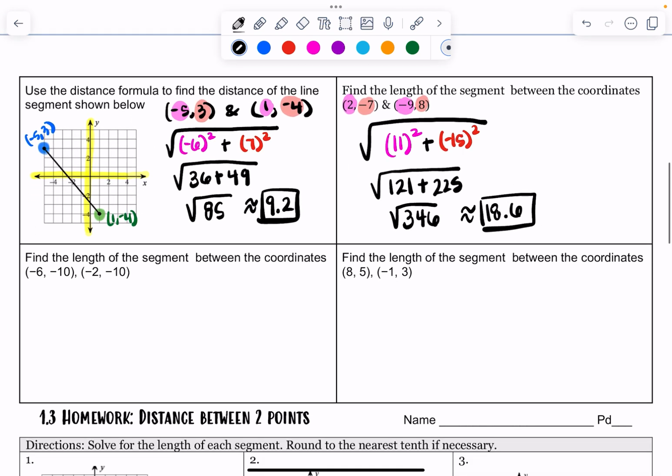All right, take a moment, and I want you to solve for these next 2 problems.